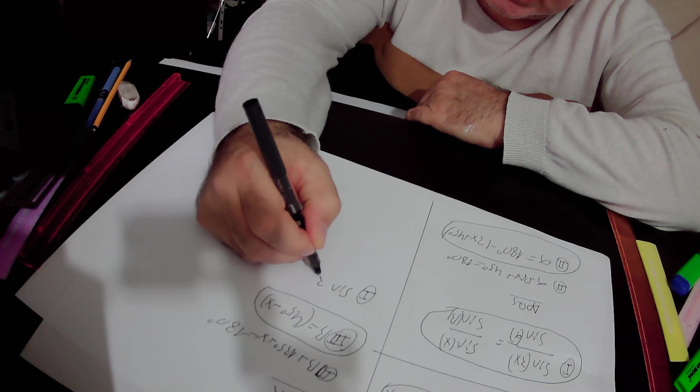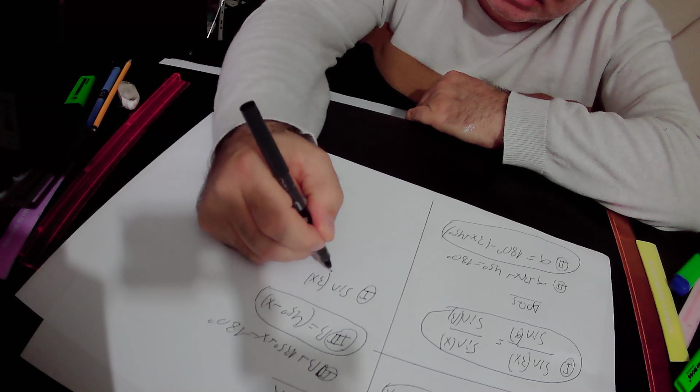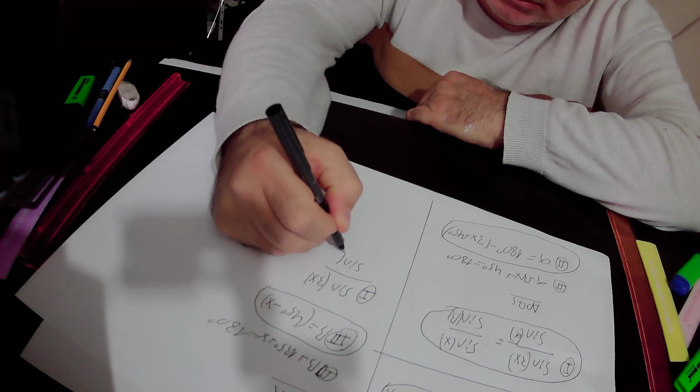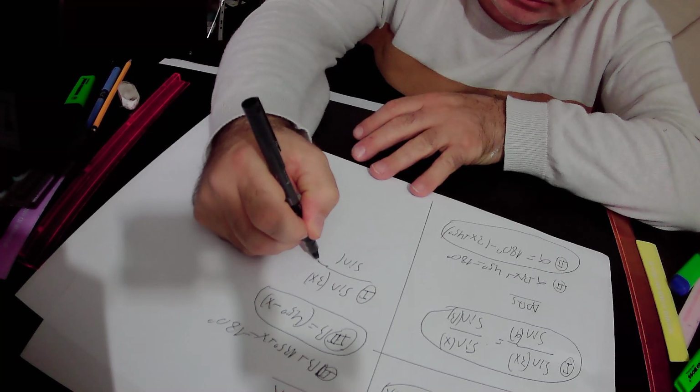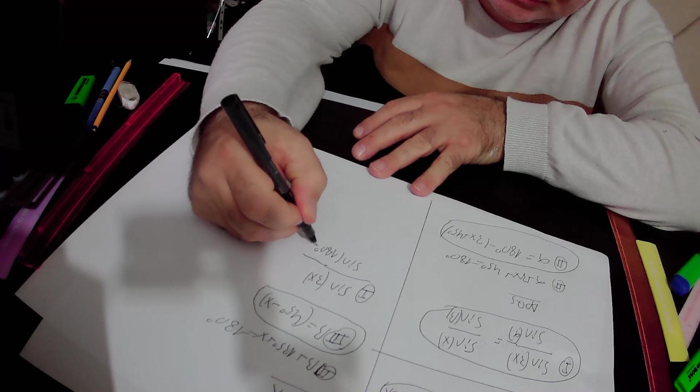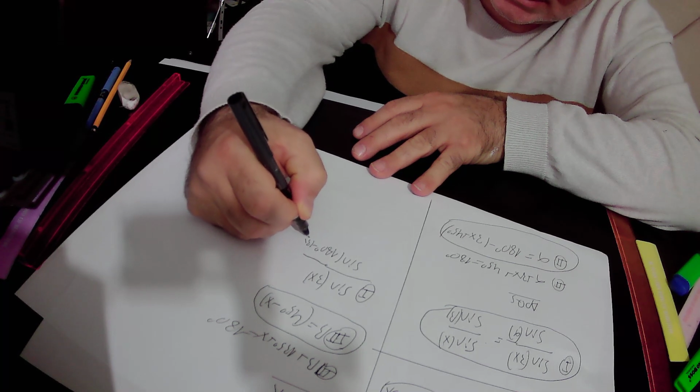sinus 3x over sinus alpha. And we have already found out that according to equation number 2, alpha equals 180 degrees minus 3x plus 45 degrees.